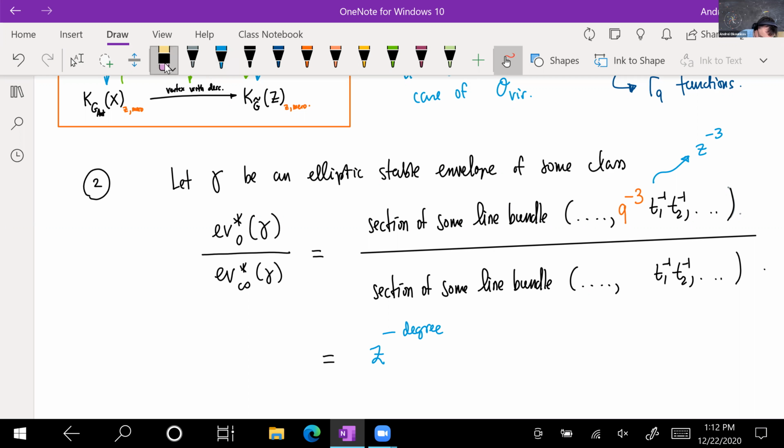So maybe this is not minus, maybe this is plus, and then it's minus 3 the way I set it up. So the z to the minus degree, and then there's some other constant. Constant, well, means doesn't depend on z. So constant in z.